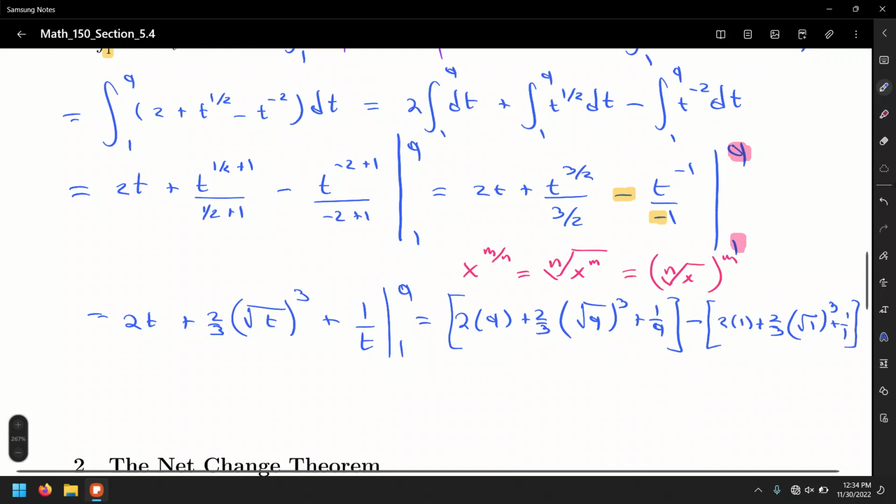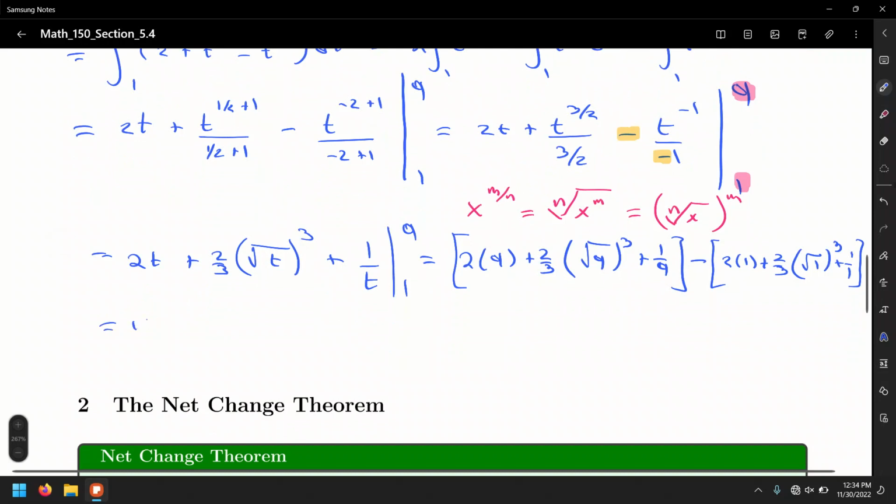Let's just simplify this using arithmetic, of course. Okay, so 2 times 9, that's 18. Well, this second quantity is the one that's going to take a good minute. Let's do one thing at a time. The square root of 9 is 3, that 3 getting cubed is 27.